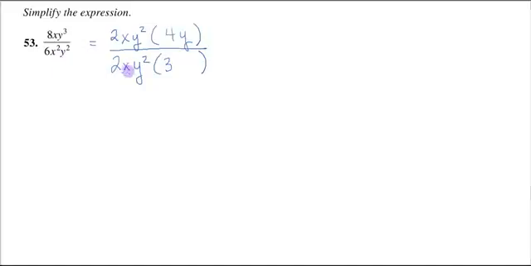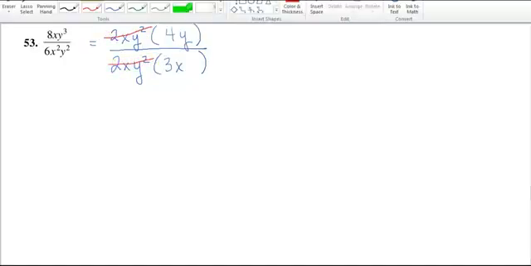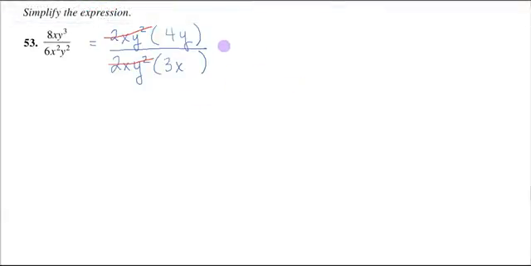X squared divided by x is x. Y squared divided by y is 1. All right, now do you see that common factor? We have 2xy squared and 2xy squared. We can cancel both of those out, and this expression simplifies to be 4y over 3x.